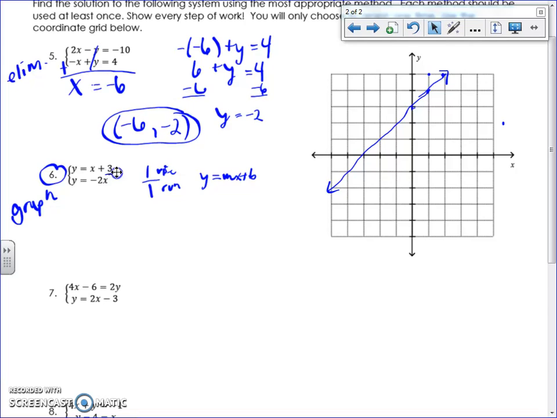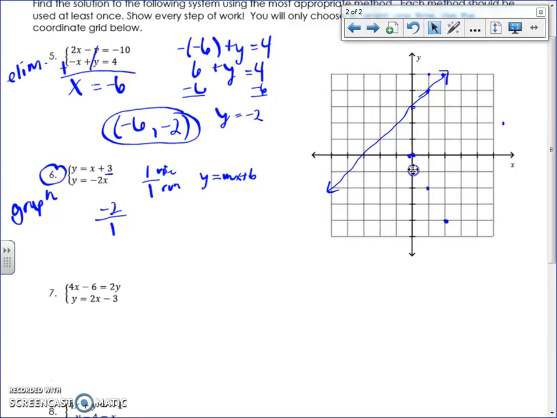My second line, there is no b. Whenever you don't have a b, that means it's going through the graph at 0, 0. So my y-intercept is 0. In this equation, my slope is negative 2, which I can think about as a negative 2 over 1. So my rise would be negative 2, meaning I'm going down 2 over 1. Down 2 over 1.